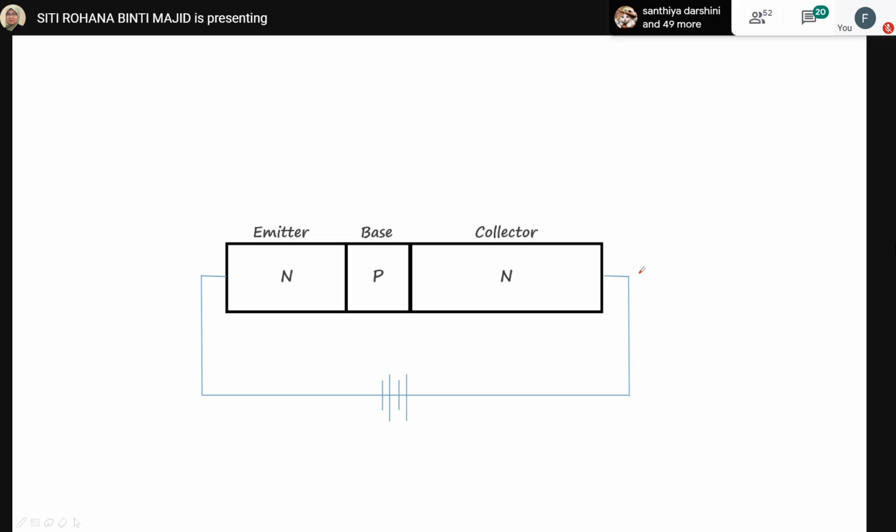That means for this configuration, no current will flow through this BJT. We already know that the emitter is heavily doped, so the concentration of majority carriers, free electrons, in this region is very high, but because of this polarity, the current cannot flow.